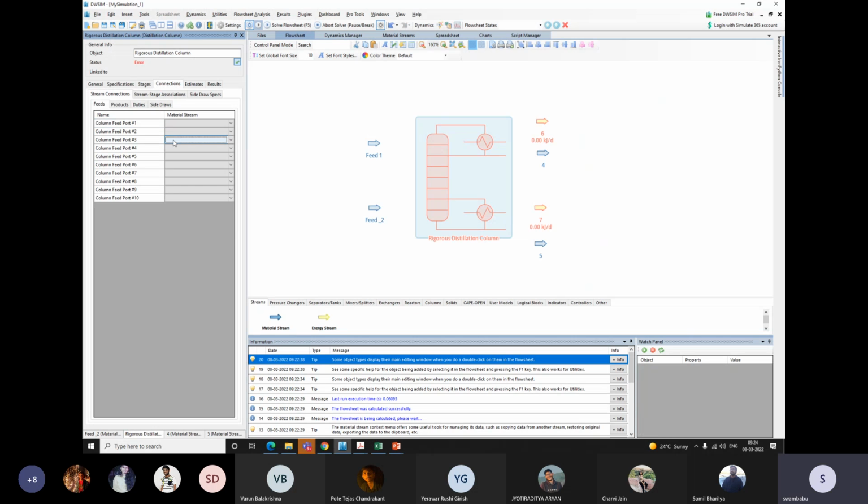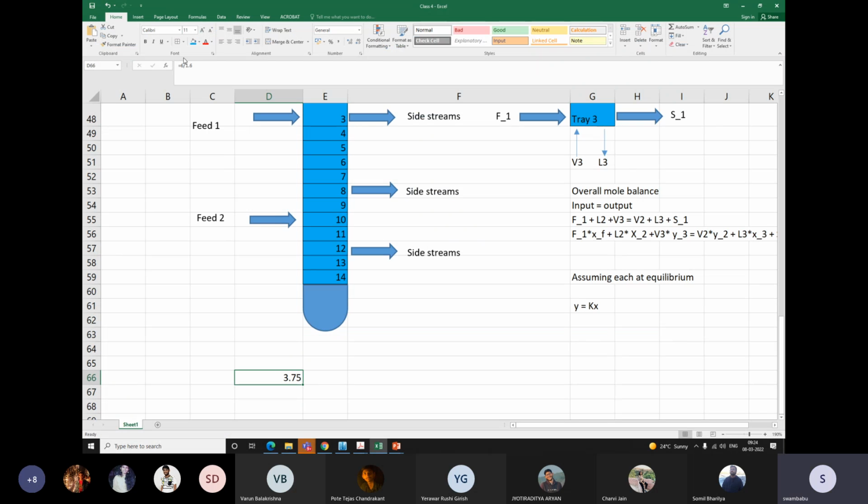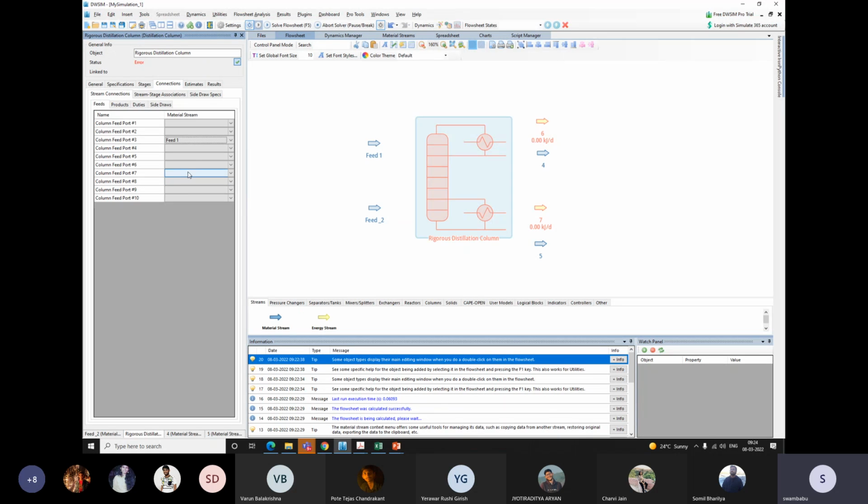I will select port 3 as feed 1. And this one is 9, again 9 by 1.6. Here we have taken 16 stages and only 10 ports are available. For a rough port, I am just calculating that. So at port 5, I am giving feed 2.